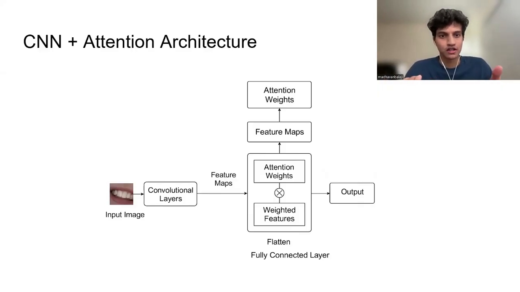The attention layer helps the model zoom in on the areas that are actually relevant to the diagnosis, like a cavity or a mouth ulcer. Once the important regions are identified, the model increases their weight. So it pays more attention to where it really matters and less to things like background or unrelated regions.